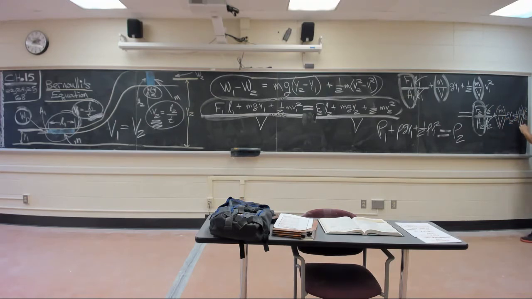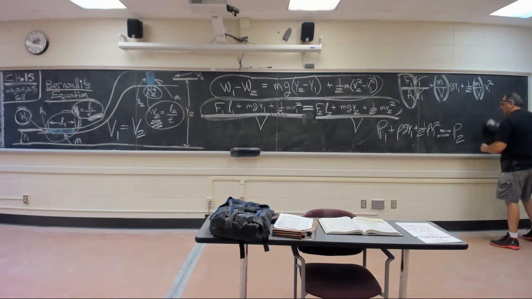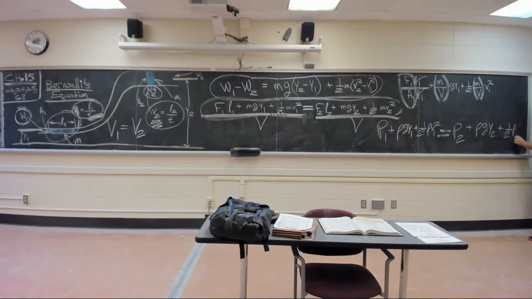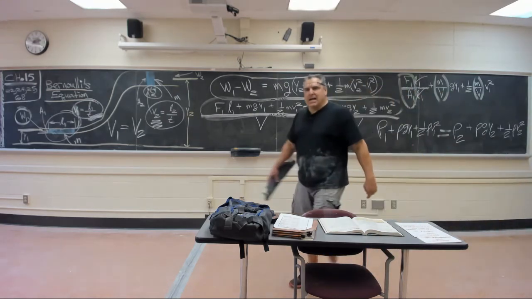This is 1/2 rho V2 squared. That's it. You divided by volume.